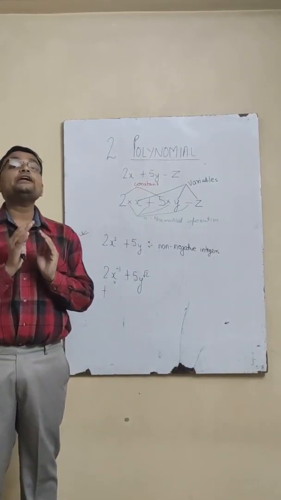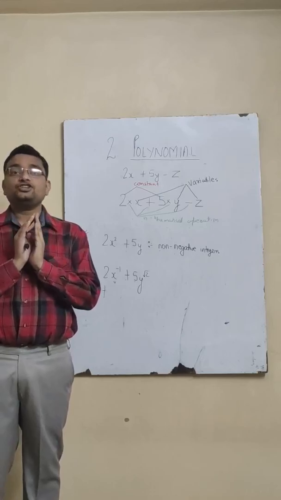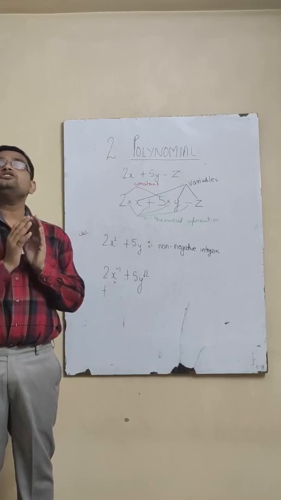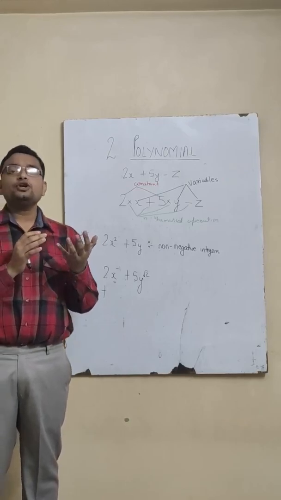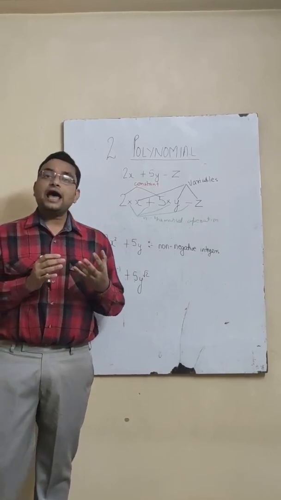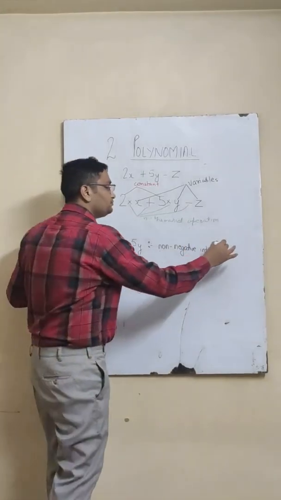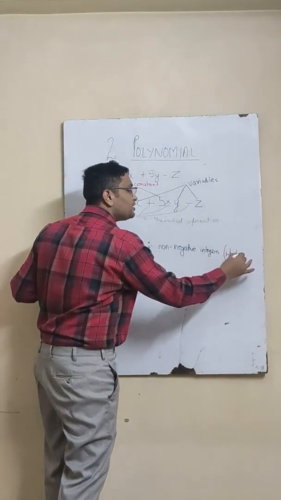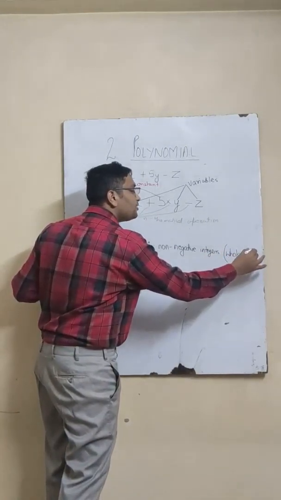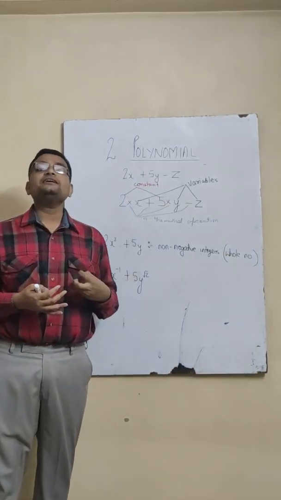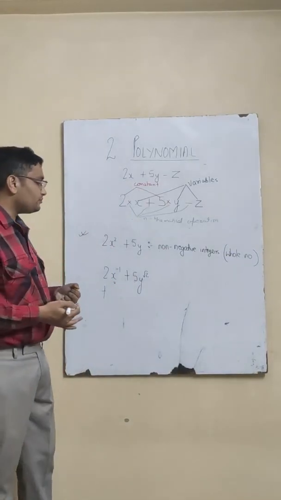Here we are talking about non-negative integers. Definitely it will be 0 and the natural numbers. So, in other words, we can say a non-negative integer is a whole number. So in this algebraic expression, we concluded that the power of the variable is a whole number, or in other words, a non-negative integer.